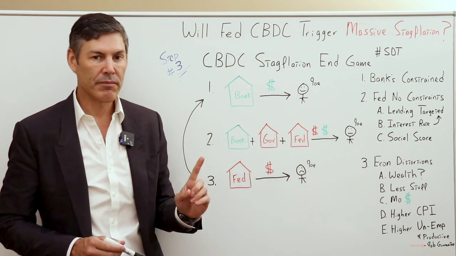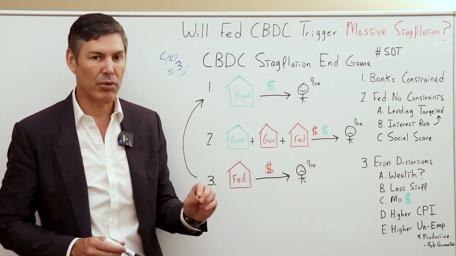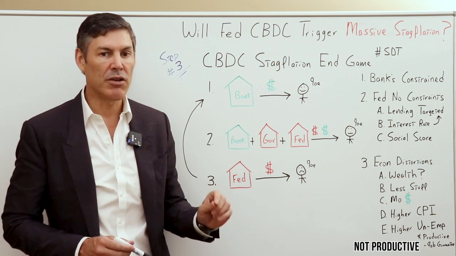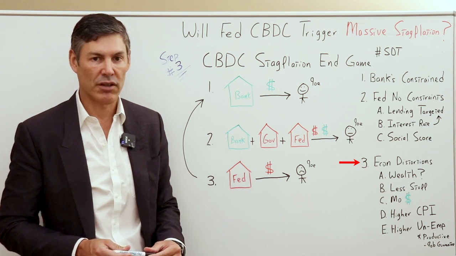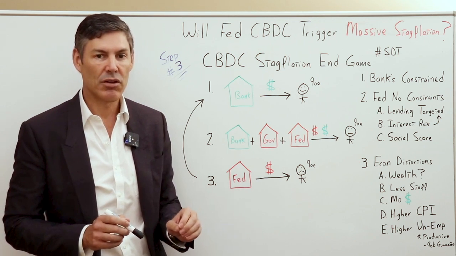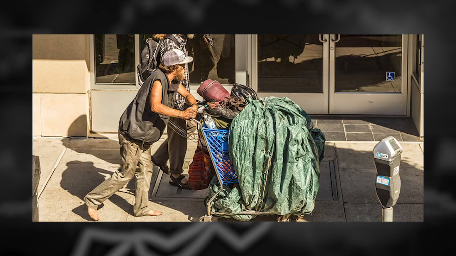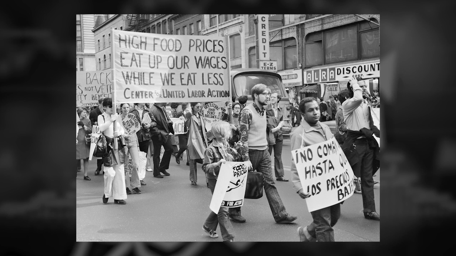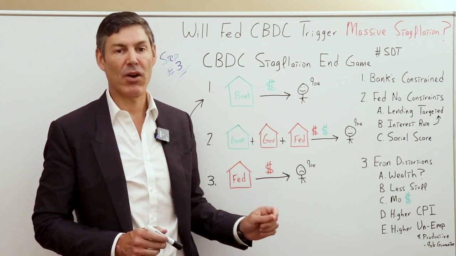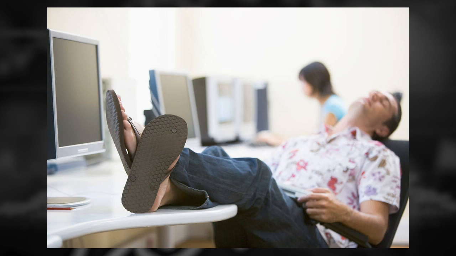The problem is these jobs will not be productive. They will be unproductive and create further economic distortions. So as a society, we continue to get poorer. Our standard of living goes down just like it did in the 1970s, but we might have low rates of unemployment. It's just that we would have very high rates of unproductive jobs.